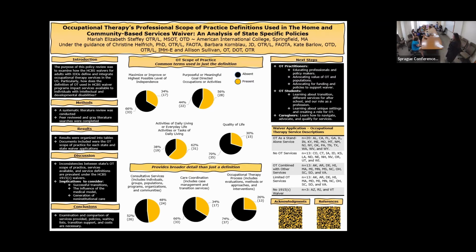So it was my pleasure to be able to introduce her to you, and I'm hoping that Dr. Helfrich, Dr. Kornblau, and Dr. Barlow, whose policy class is where this came in, are there for you as you advance in your career and really start to be the seed that sprouts a great tree of accomplishment and progress in this area. It's really wonderful. Thank you so much. Thank you. Thanks. Nice job.